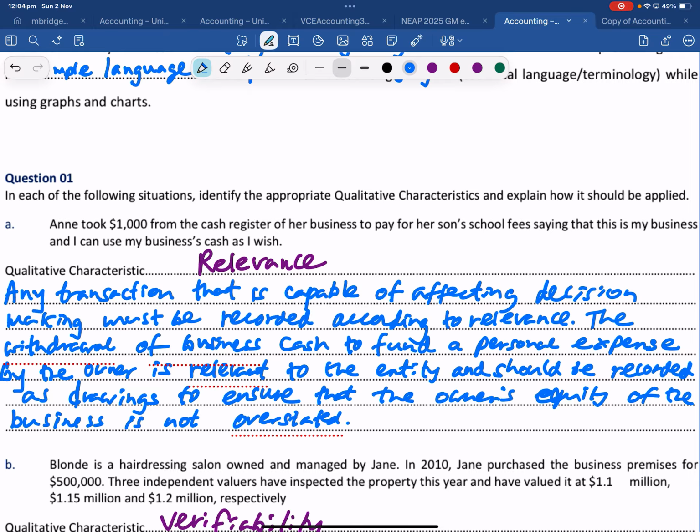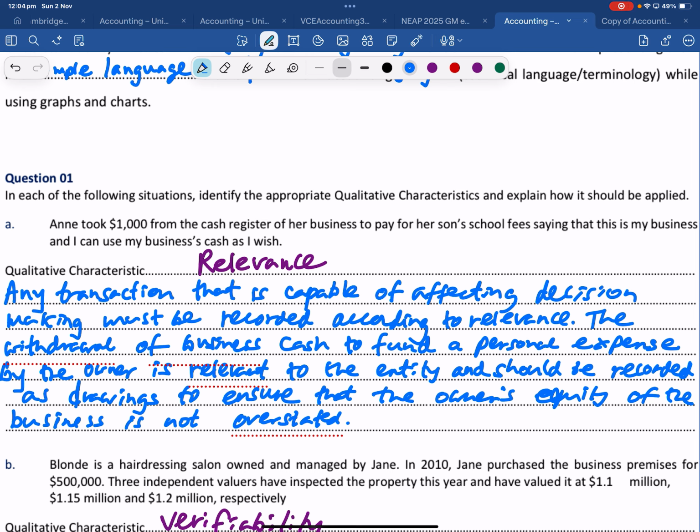Now we have several values, yes? 500,000. I have to record the original. Original value. Is that correct? Yes, why is that? Is it because of faithful? Yeah, basically yes, because why?